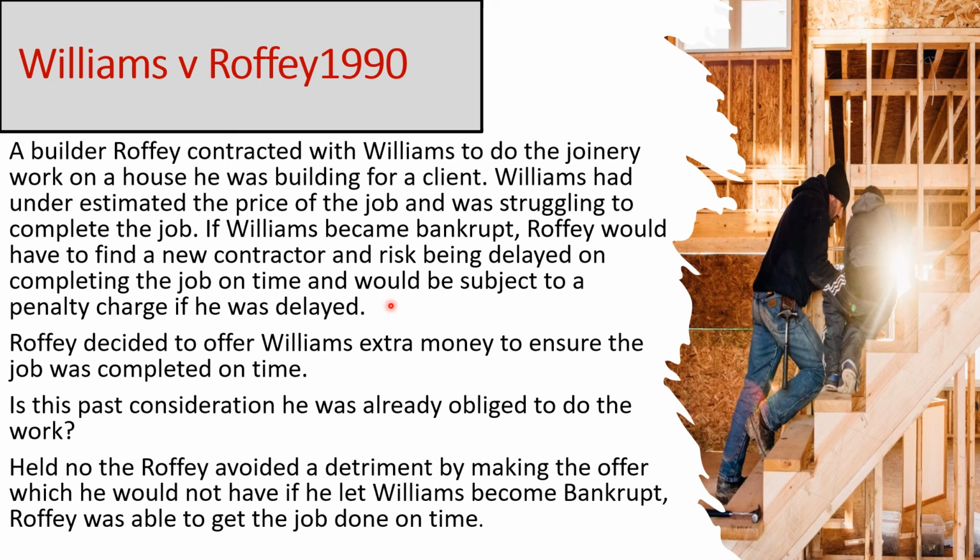So Roffey, realizing that Williams was close to bankruptcy, decided to offer Williams extra money to ensure the job was completed on time. In other words, keep him afloat and make sure that the job was completed.